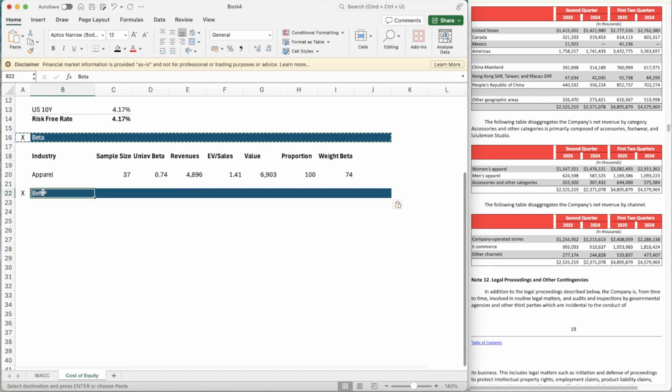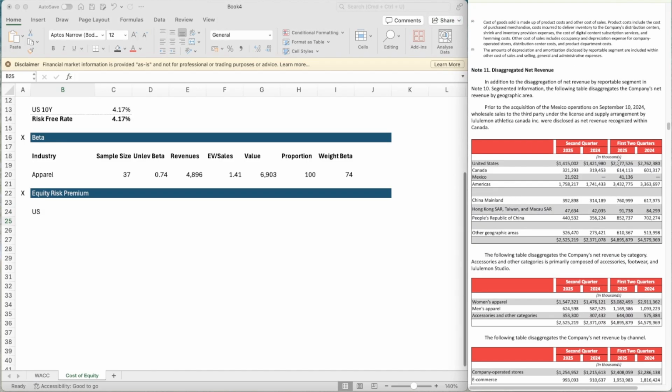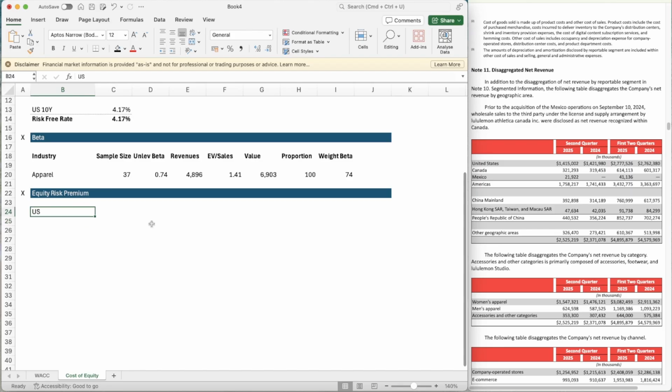Now let's go into the equity risk premium. This will be a bit more exciting. So we have US, Canada, Mexico. We'll call these North America.